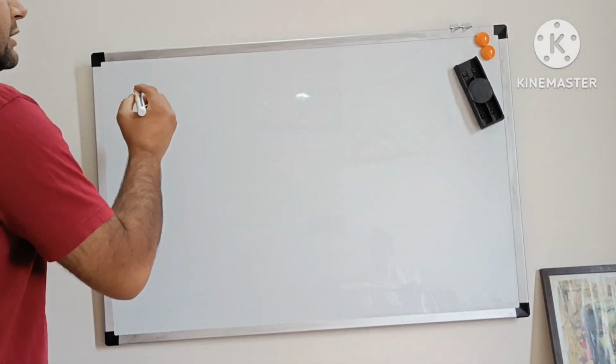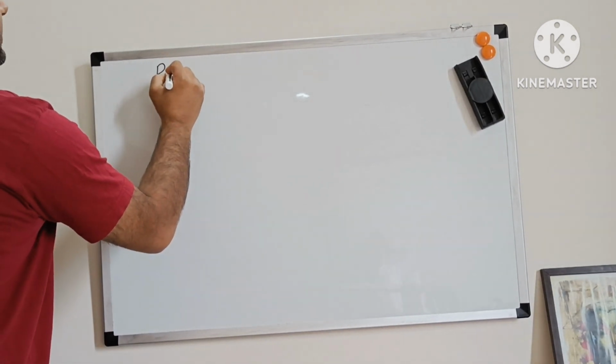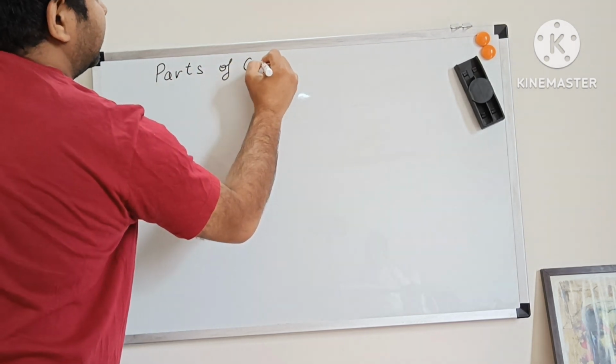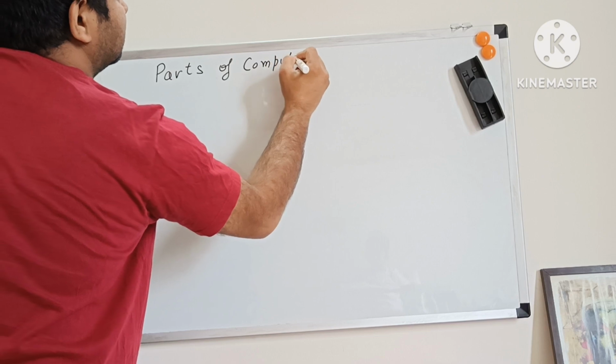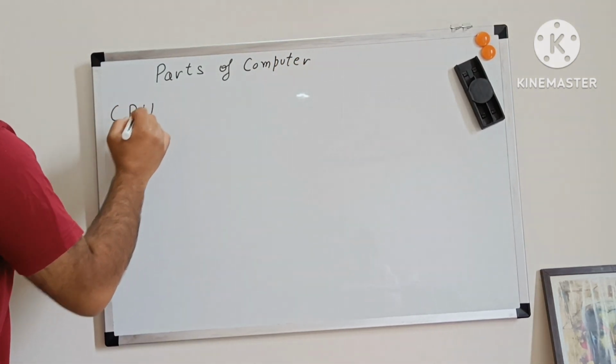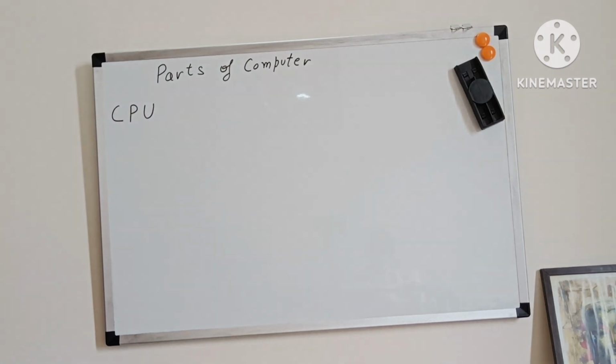So now we are going to study the parts of a computer in detail. Now we know the names of all the parts of the computer. Okay, so the first part is the CPU, which is the most important part of the computer. Why is it the most important part?